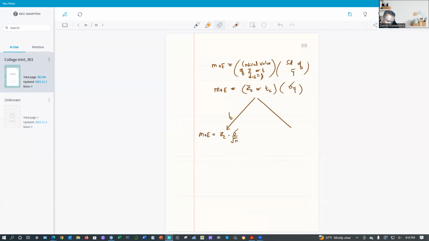Sigma is known, n is large. Regardless of it, you can use it.